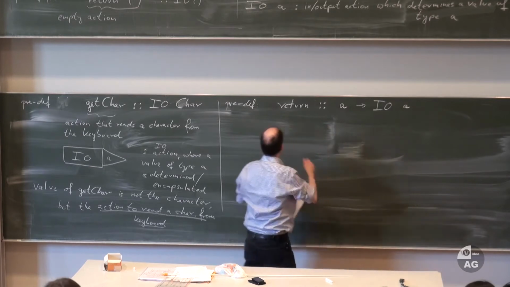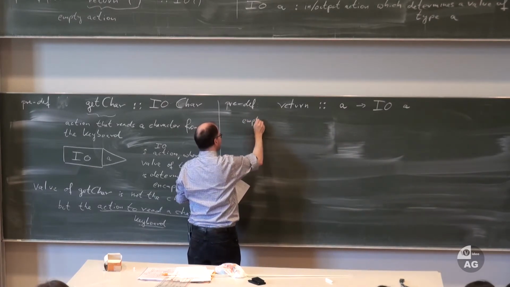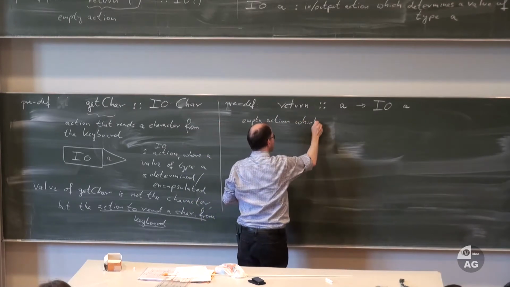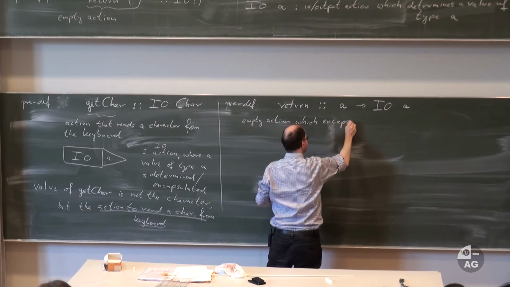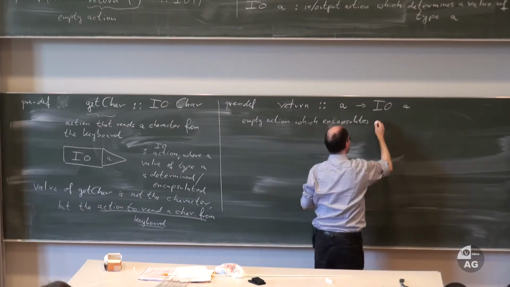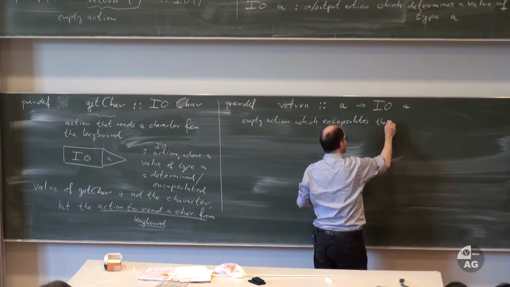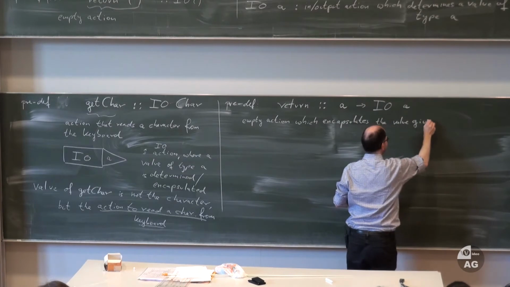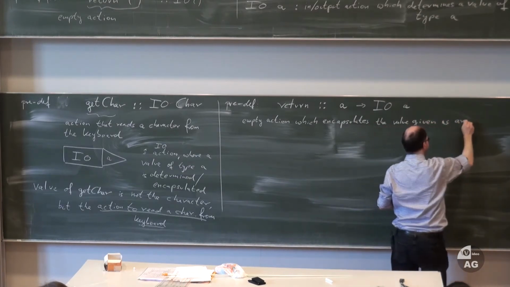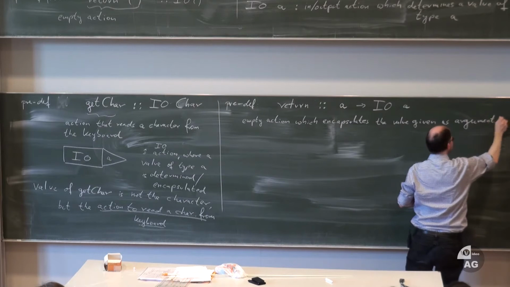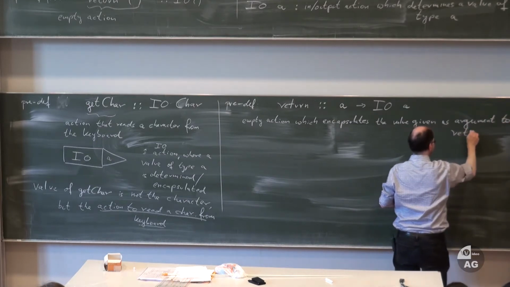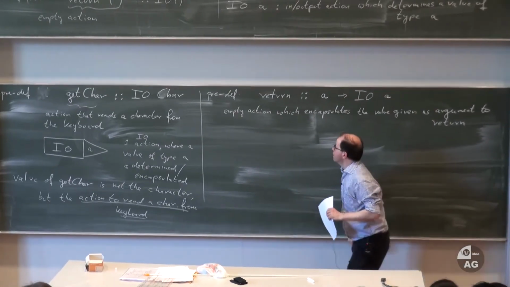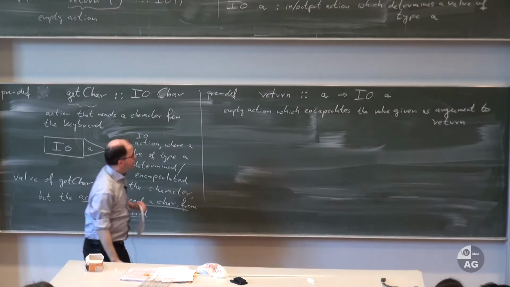So this is the empty action which determines or encapsulates the value given as argument to return. This is the real type of return.